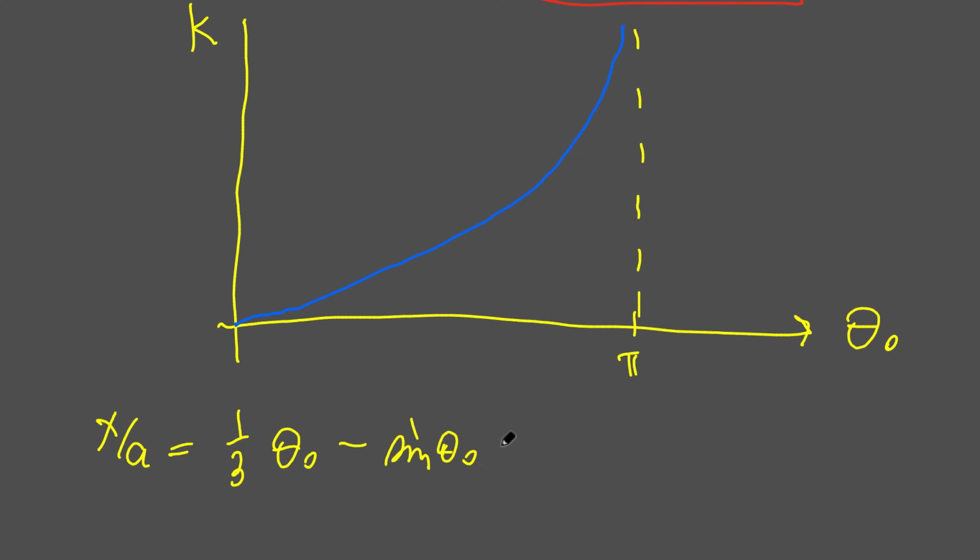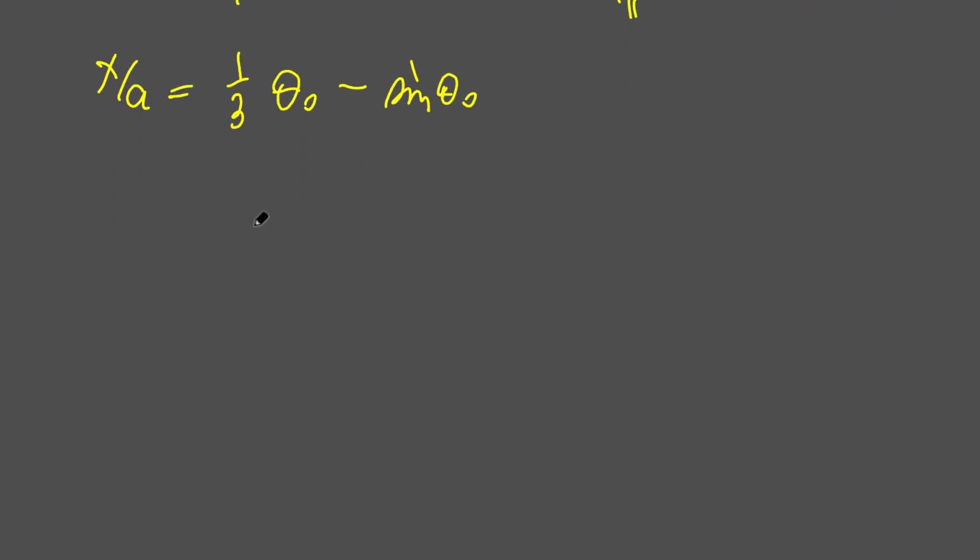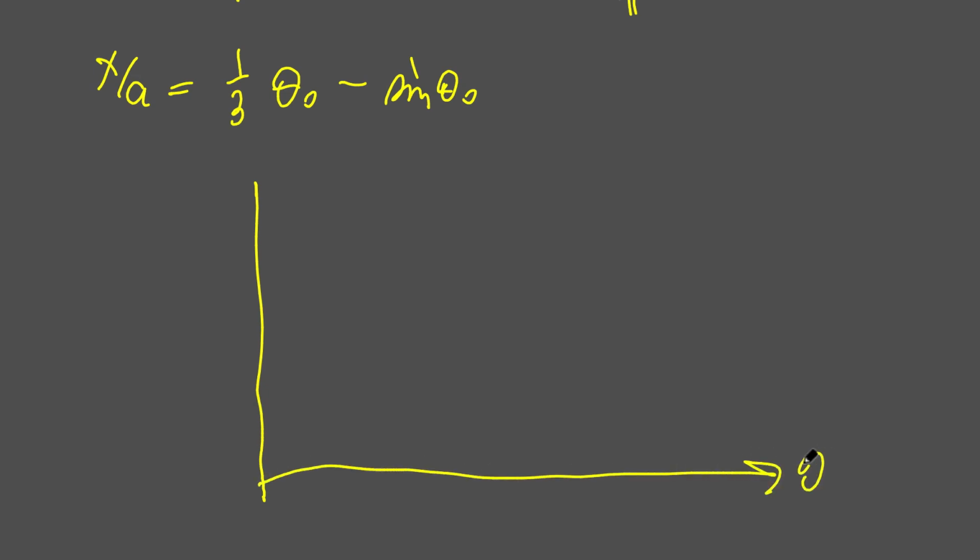So if we plot x over a as a function of theta naught, and again, here's pi, this curve looks like the following, where this is the value we found before, 2.279, the value of theta when x is equal to 0.